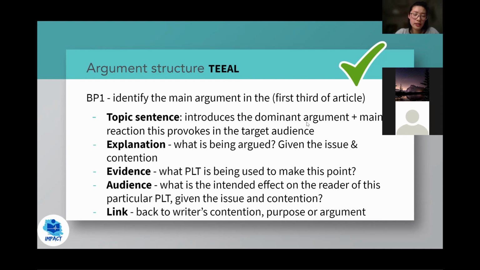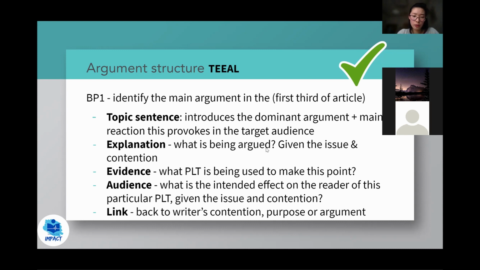Like, if it's a sense of concern or a sense of optimism, for example. And then we go on to explanation. So this is talking about what it is that is being argued, given the issue and the contention, and it leads us to talking about the evidence.